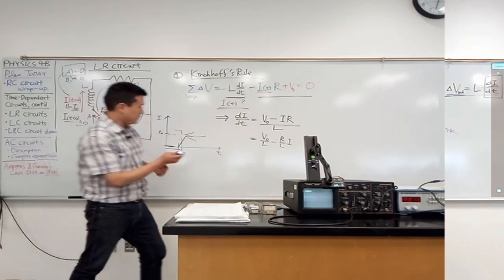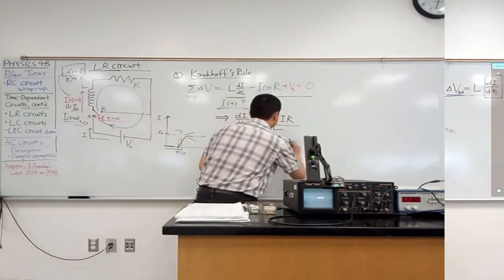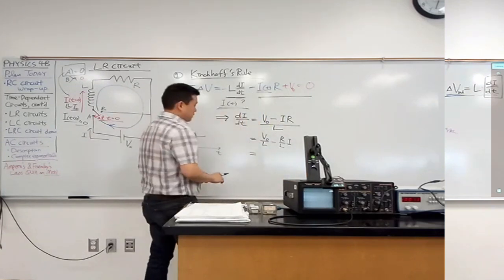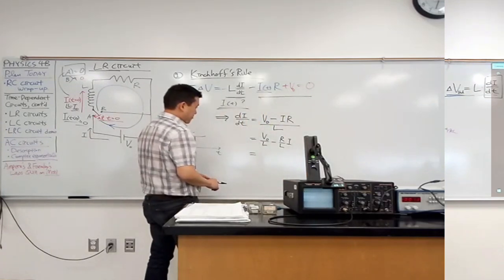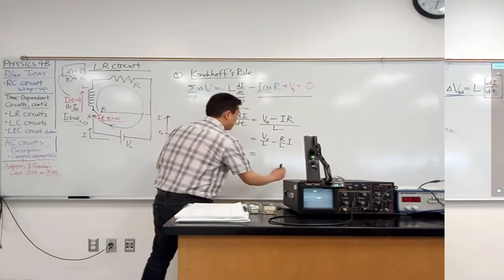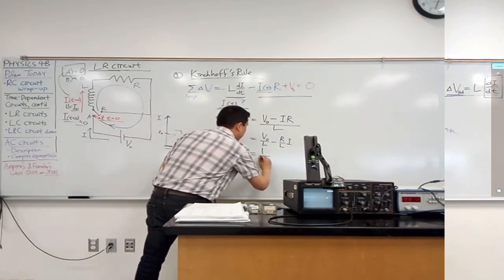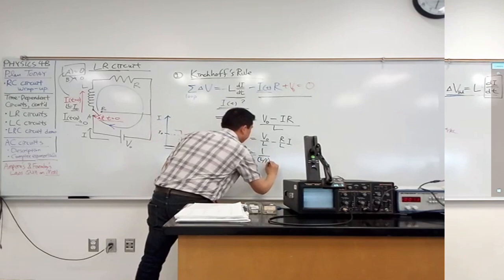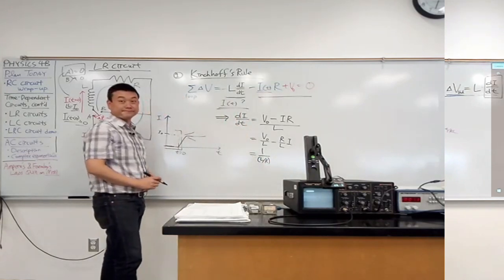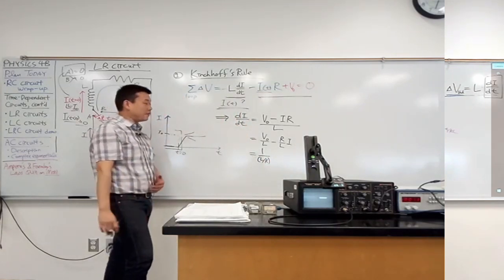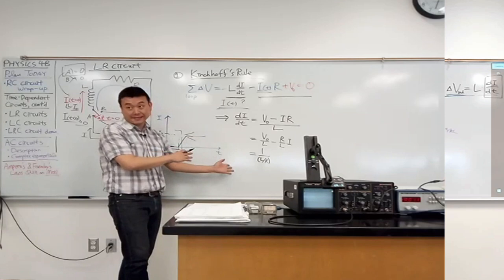I want to factor out R over L. Don't ask me to explain why, only that what I'm doing is mathematically valid.